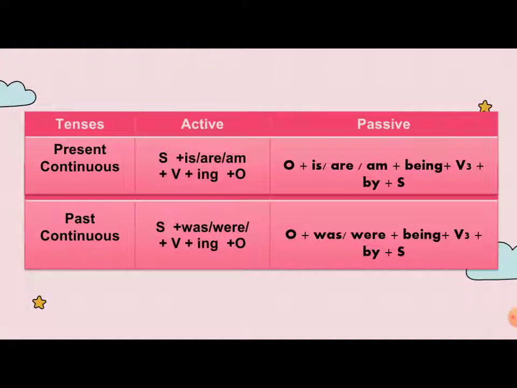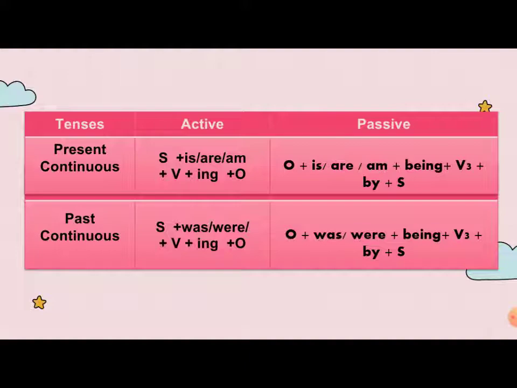Then we also had a discussion on the continuous tense. Dear children, future continuous tense is not applicable. Whenever the sentence is in future continuous tense, it is not right to convert into passive voice. So we have only 2 continuous tenses, present continuous and past continuous.